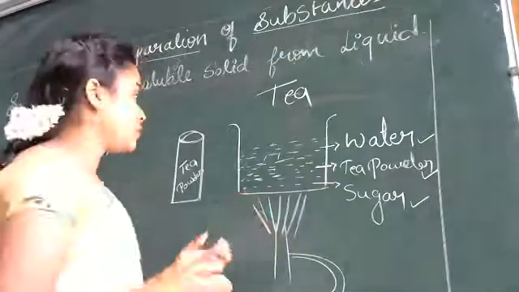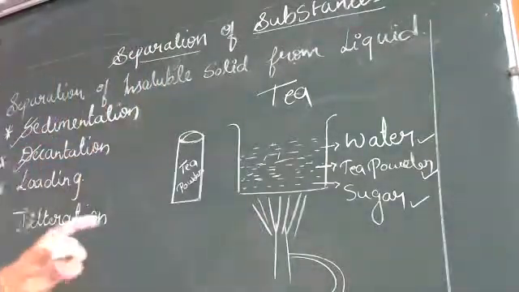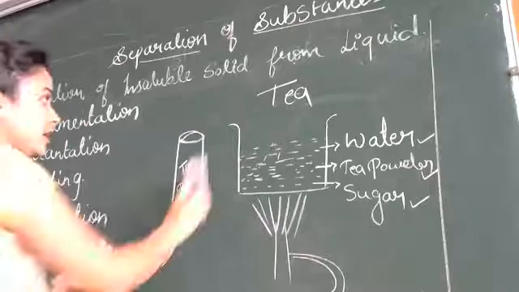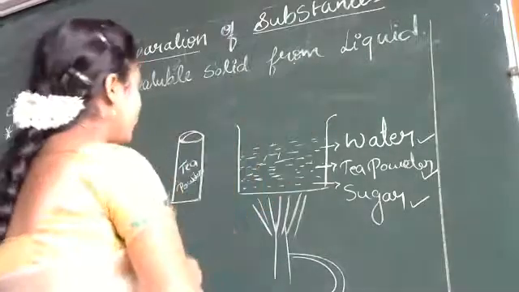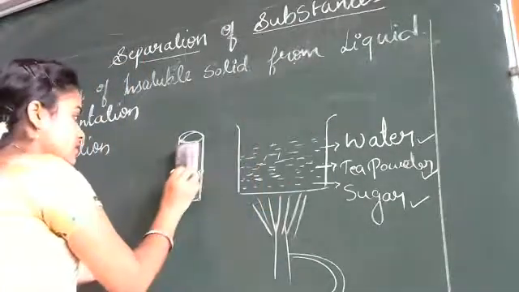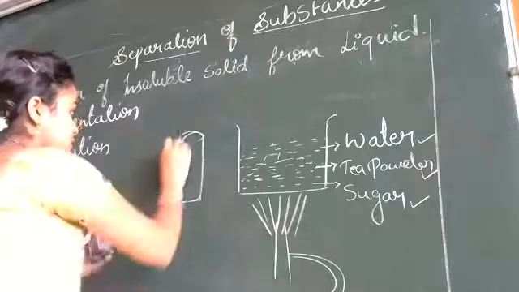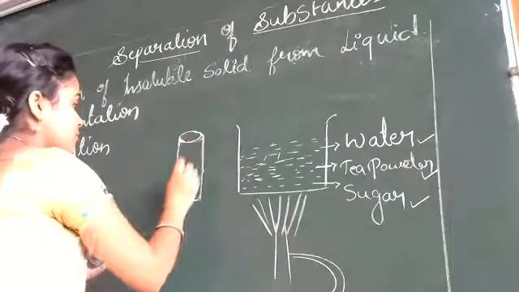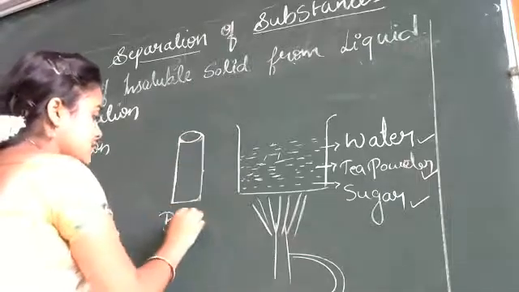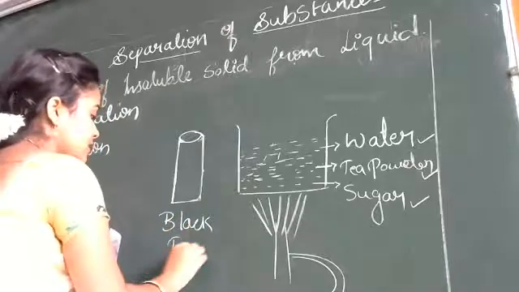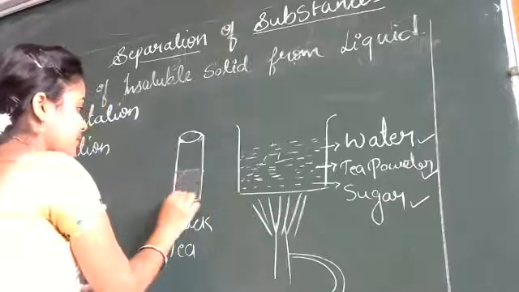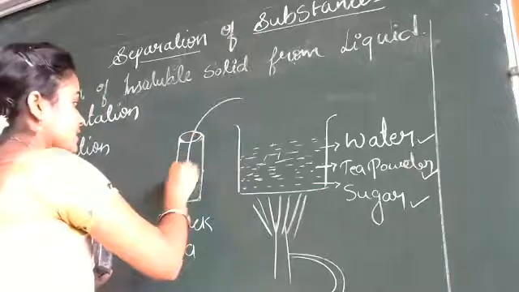After boiling, what do we use? Yes, we use milk. Now here, what did we get? Black tea. Now we'll add milk in this.